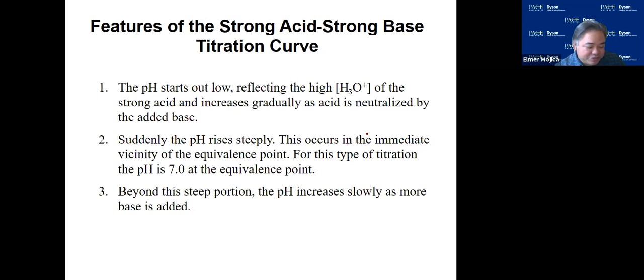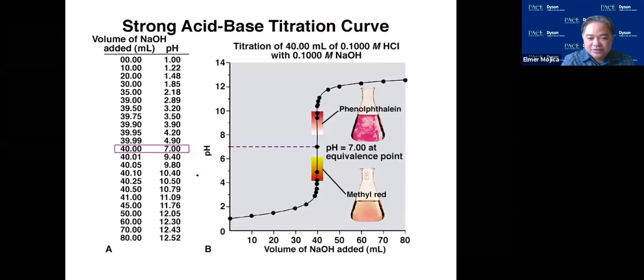So suddenly the pH rises steeply, and this occurs in the immediate vicinity of the equivalence point. For this type of titration, the pH is equal to 7. So if you're going to look at here, it rises slowly, and then all of a sudden it just rises up.